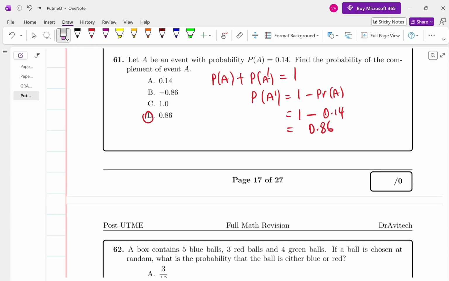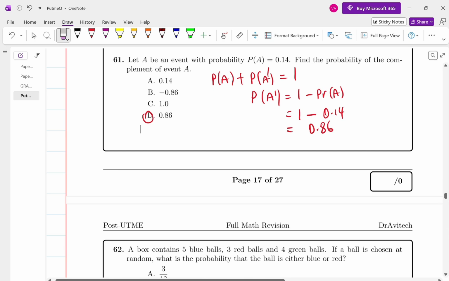Next one. A box contains 5 blue balls, 3 red balls, and 4 green balls. If a ball is chosen at random, what is the probability that it is either blue or red? So the first thing you might want to do is to find the sum of the blue and red balls.